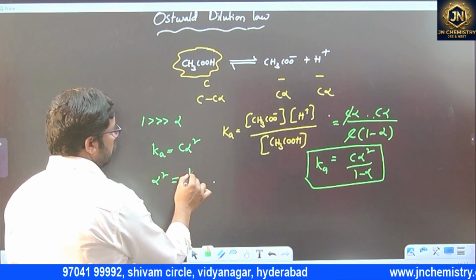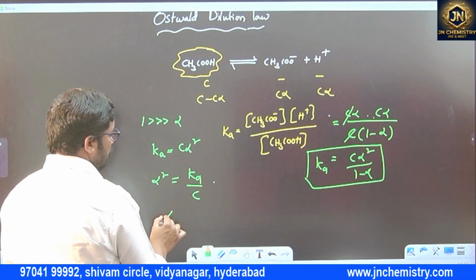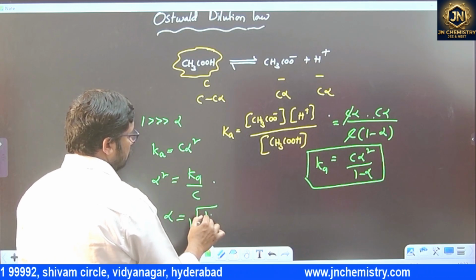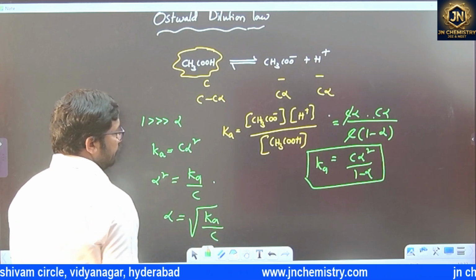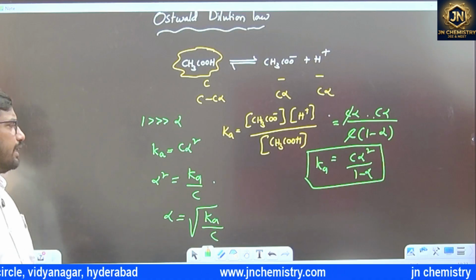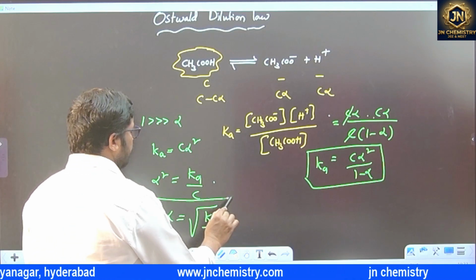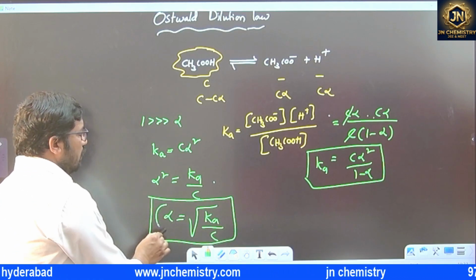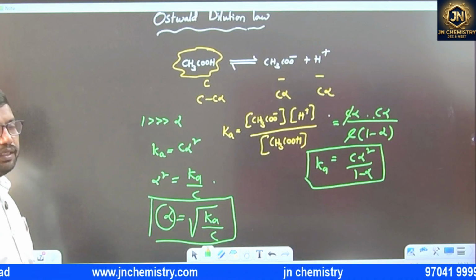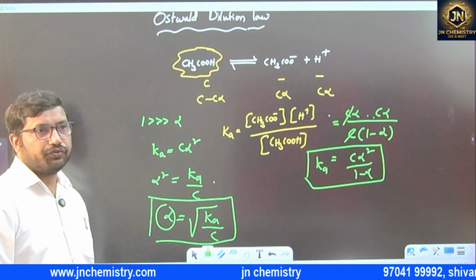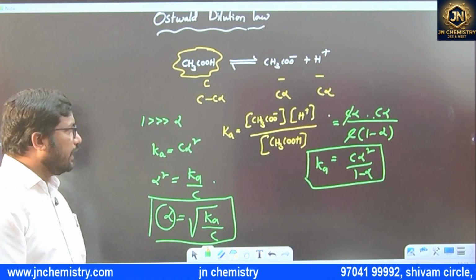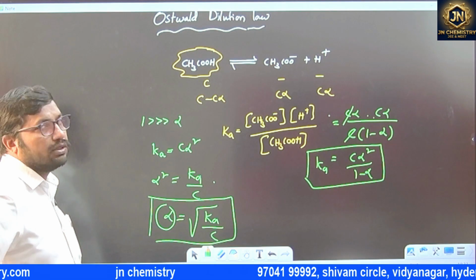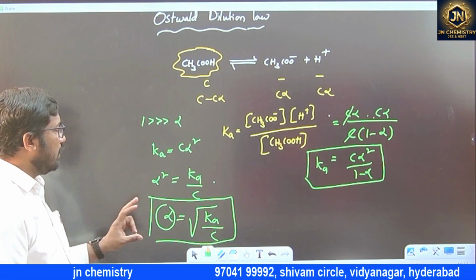Alpha square is equal to Ka by C. Alpha is equal to root Ka by C. So alpha means what? Degree of dissociation, or degree of ionization.